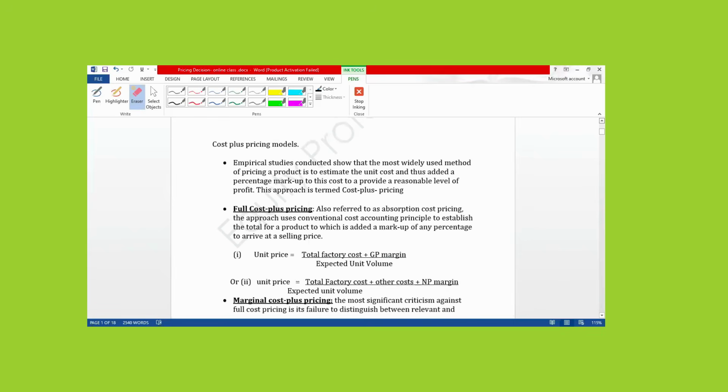The selling price of a product determines the quantity demanded; it will affect volume of sales and contribution.